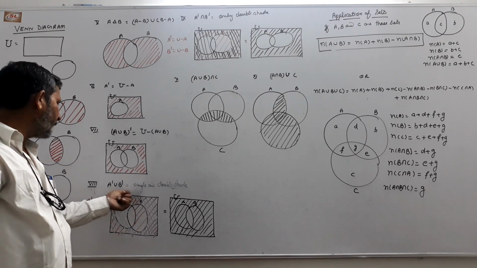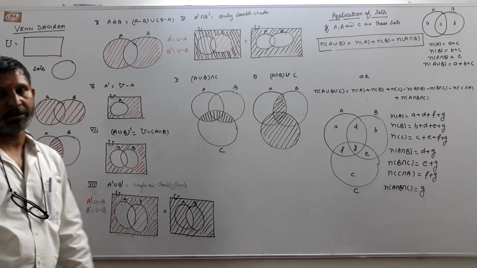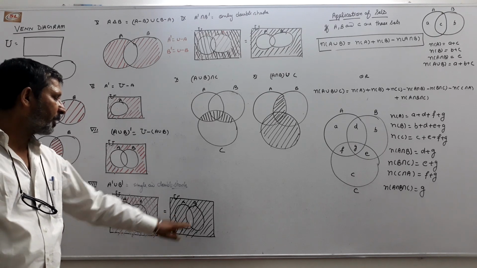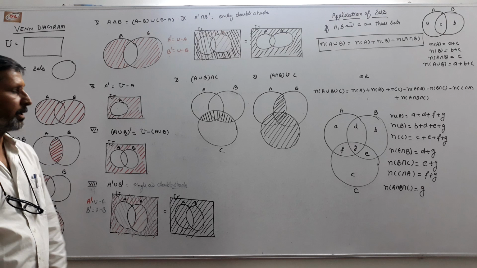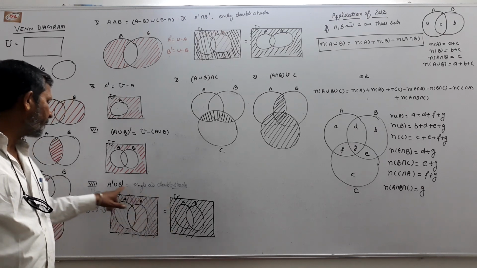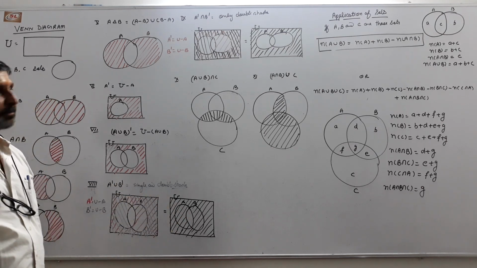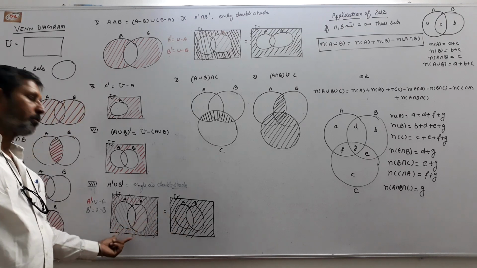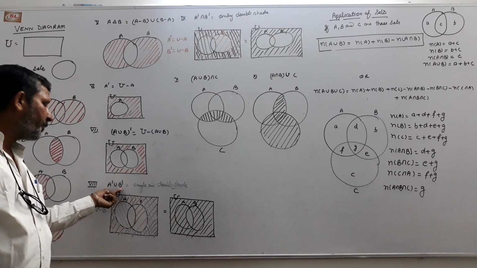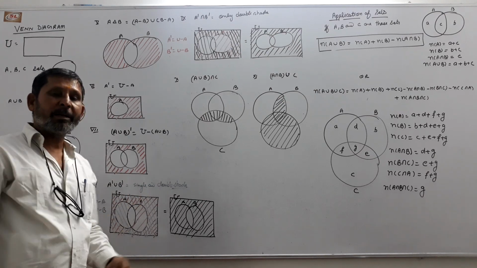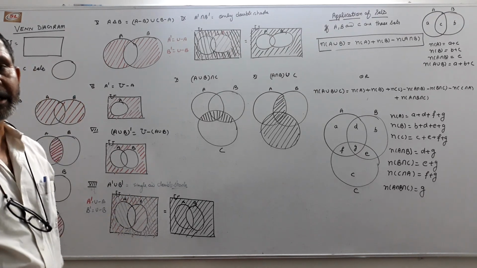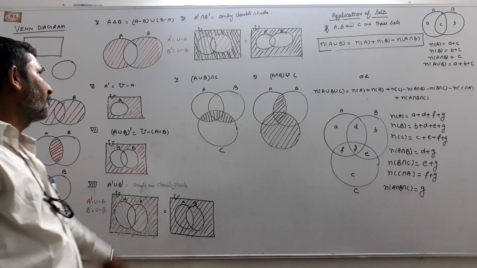So therefore, A dash union B dash represents this part, or the universal set minus A intersection B. This diagram represents A dash union B dash. How we can find out this? In case you find out the union, then you find all the elements which represent the single shade as well as the double shade.